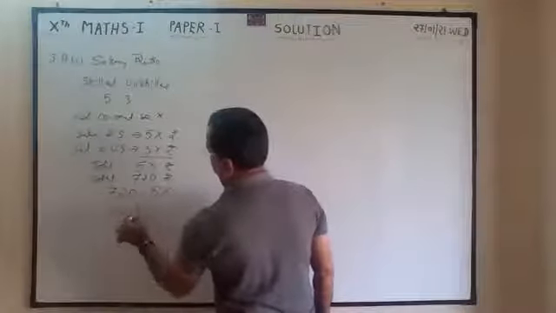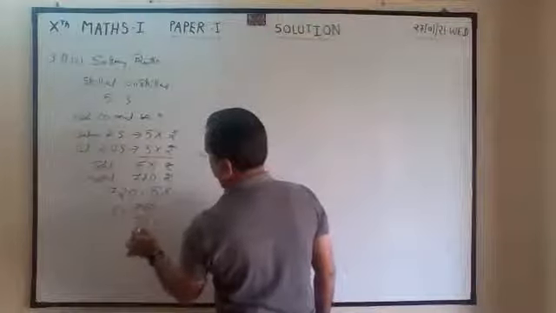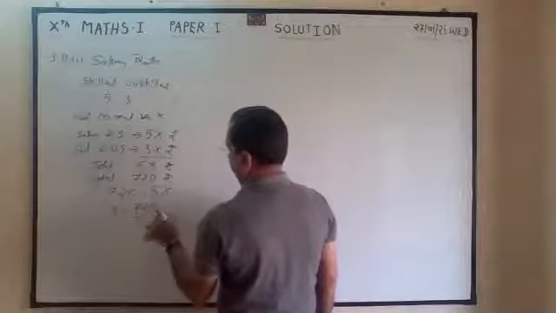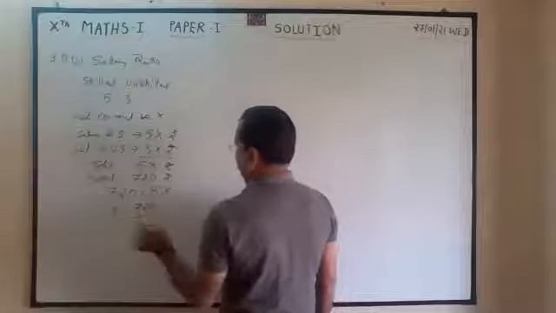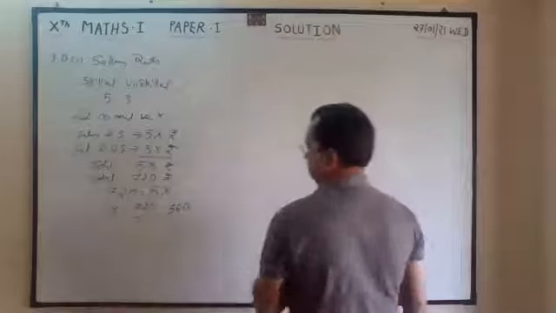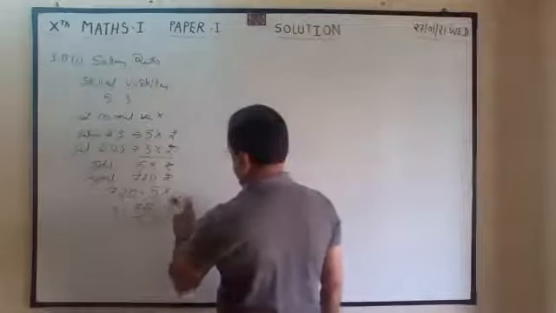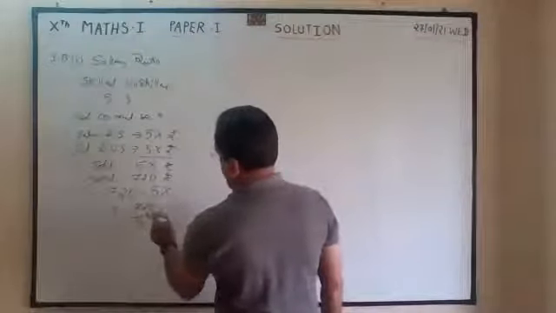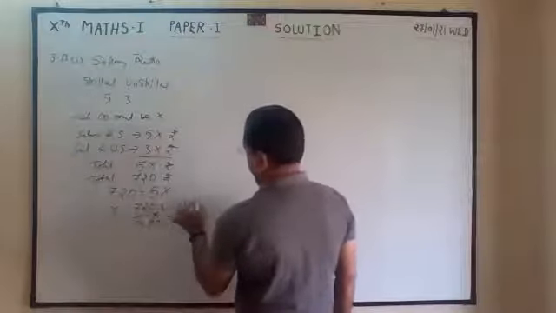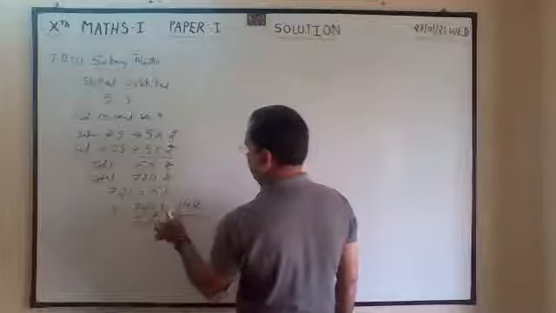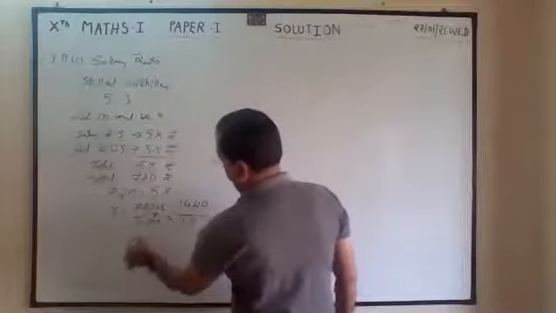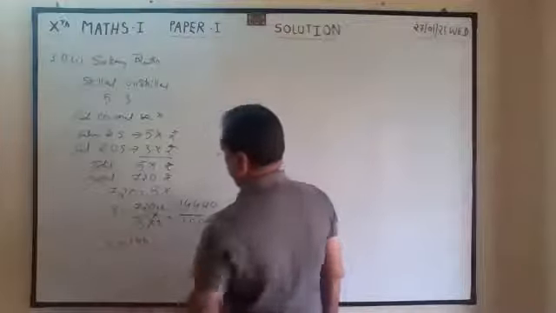So x is equal to 720 divided by 8. Multiply by 2, 1440 divided by 10, so it is 144 like that.